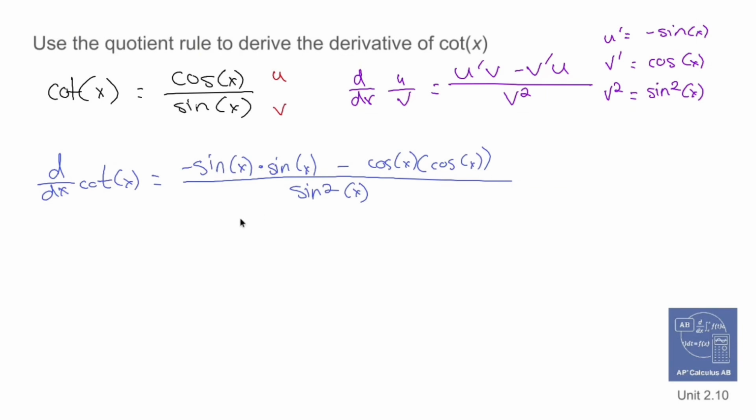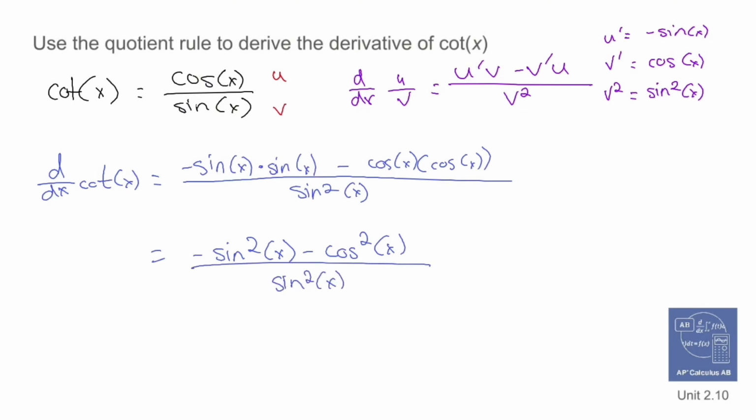Now, negative sine times regular sine is negative sine squared x. Minus cosine times cosine is cosine squared x, all over sine squared x.